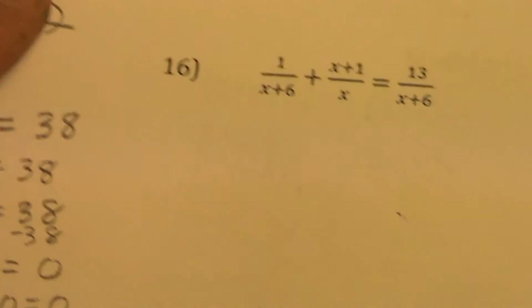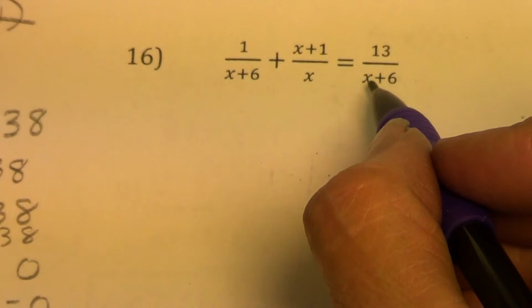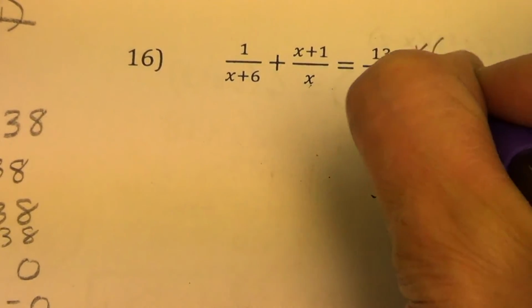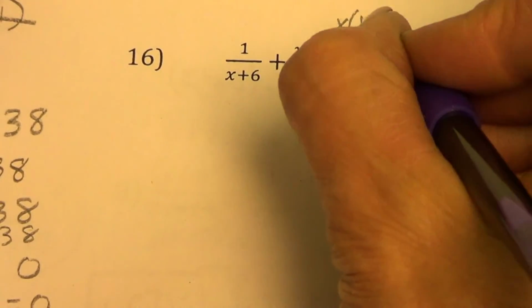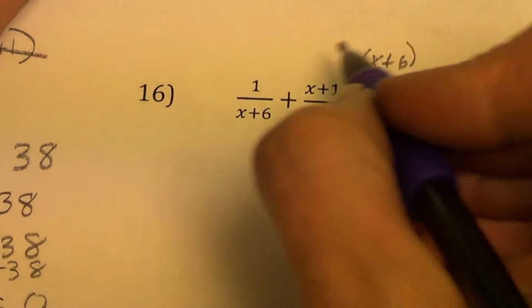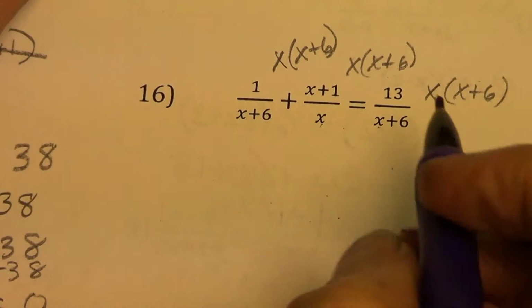Okay, last problem here. We've got a lowest common denominator of x times x plus 6, so we multiply everything by that. If you're needing more instruction than this, make sure to check out the notes videos.